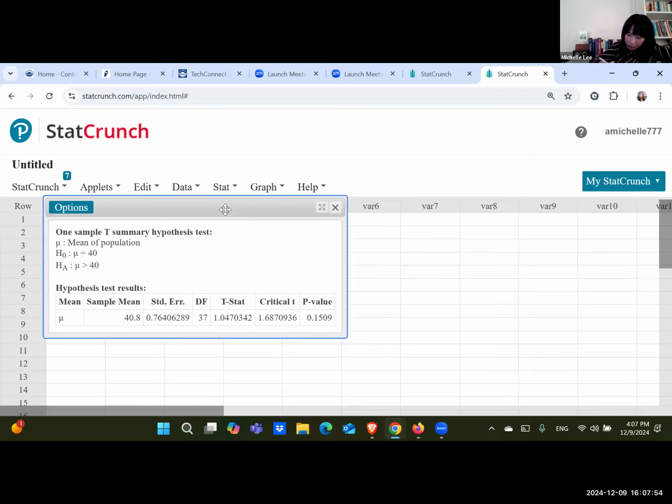So this is the t-test statistic, and this is the p-value. Okay, let's compare with alpha. Alpha equal to 0.05. Is the p-value greater than alpha or less than alpha?